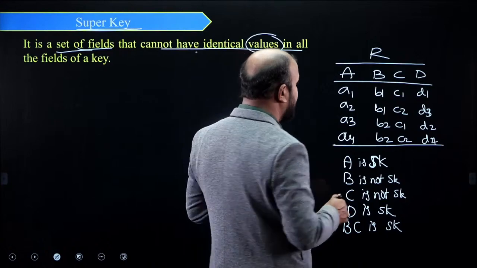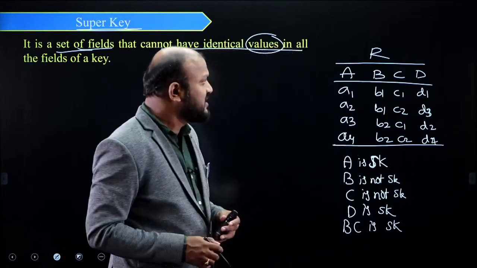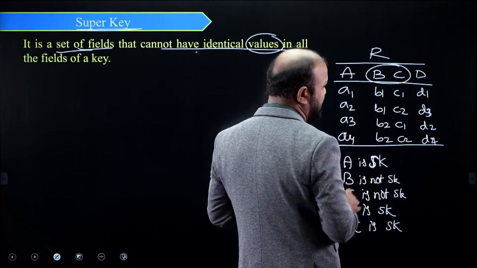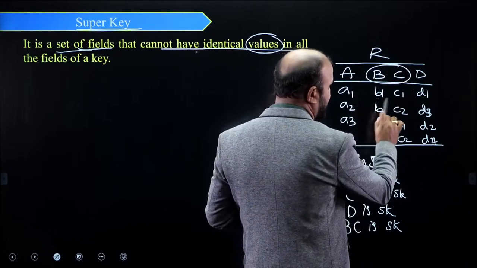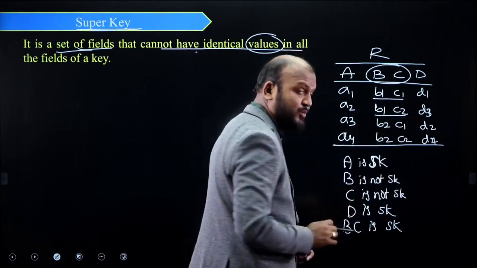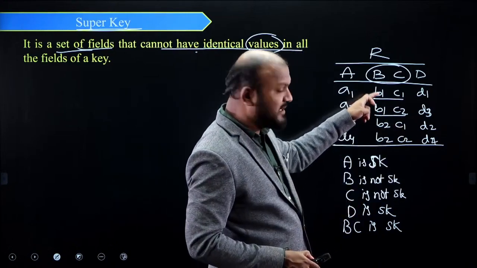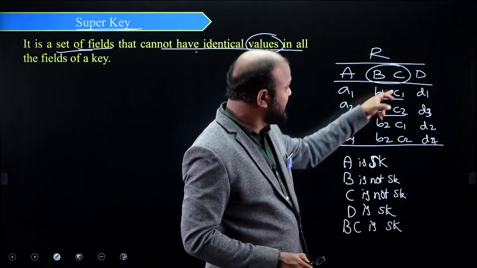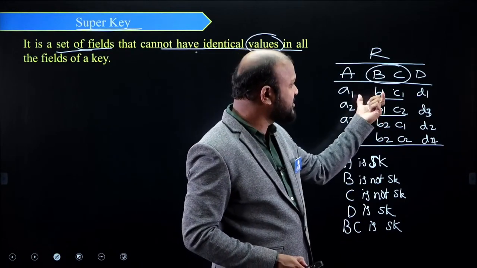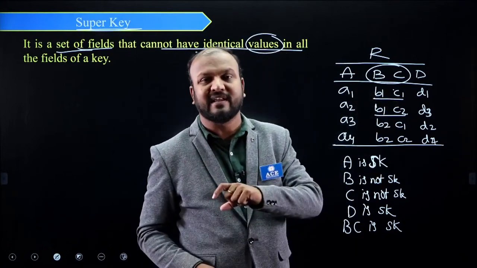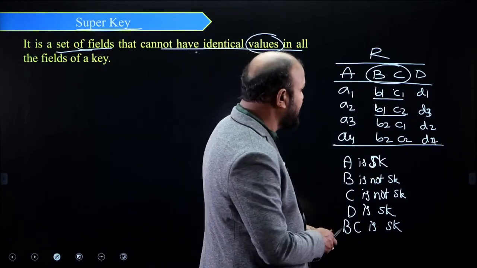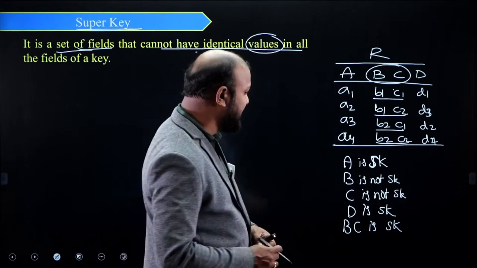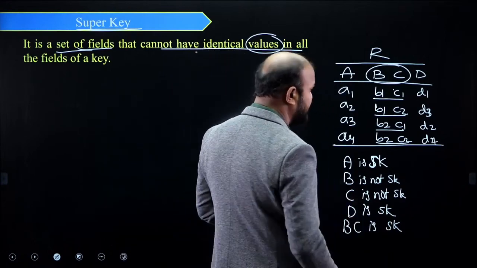So here B and C are the fields. Look in all the tuples, the combination: B1 C1, B1 C2. B1 B1 may be duplicated, but the combination B1 C1, B1 C2 are not identical values. B2 C1, B2 C2, these are not identical values. Then I can call BC a super key.